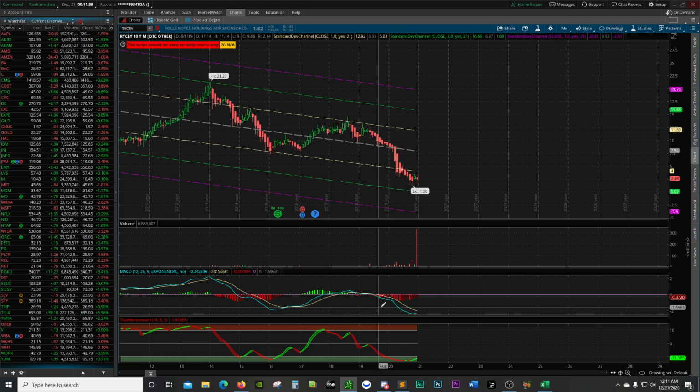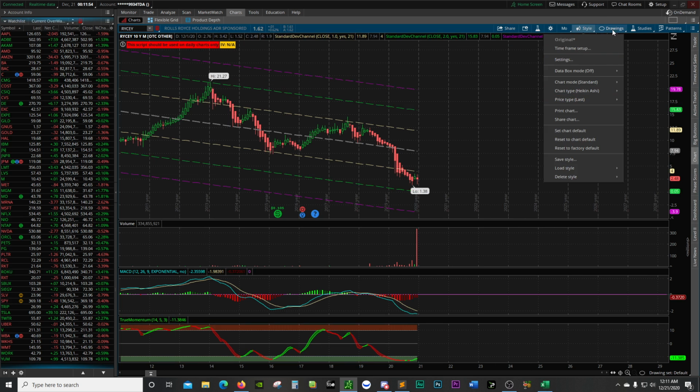So I'm looking at the MACD here. It's starting to close gaps. The true momentum here has changed colors to green, it looks like, and it's bottomed out on that chart. So let me take a look here.